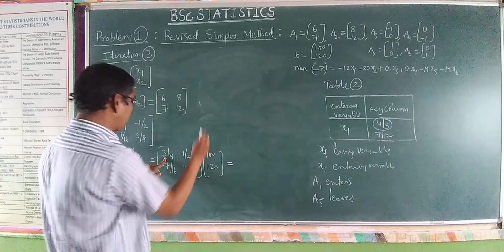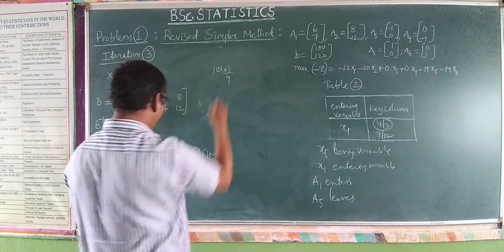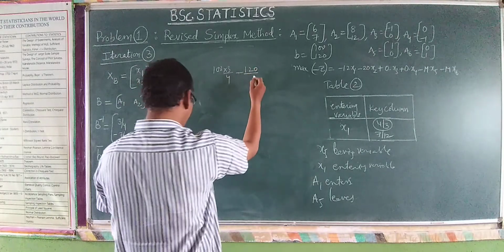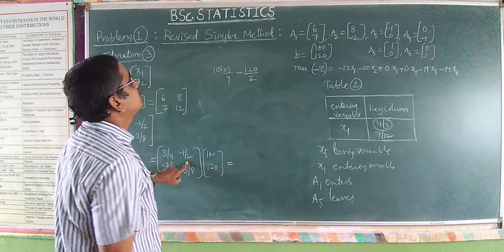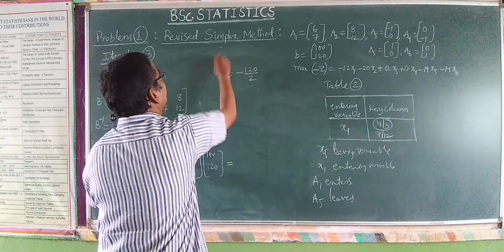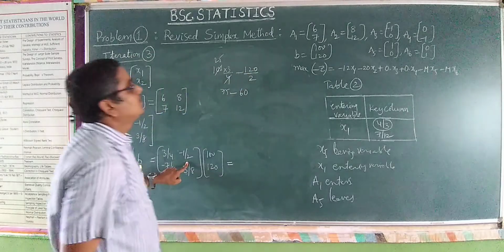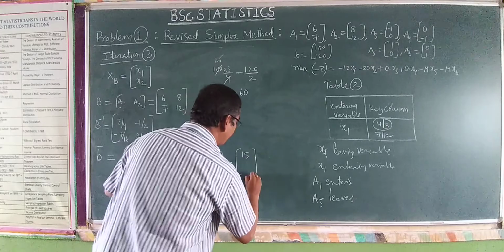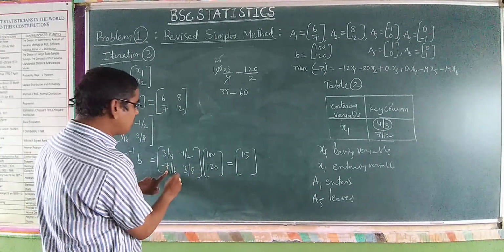First row and first column: 100 multiplied by 3 by 4 minus 120 divided by 2. So it is 75 minus 60. Hence it is 15. The first value is 15. The second one is minus 7 by 16.